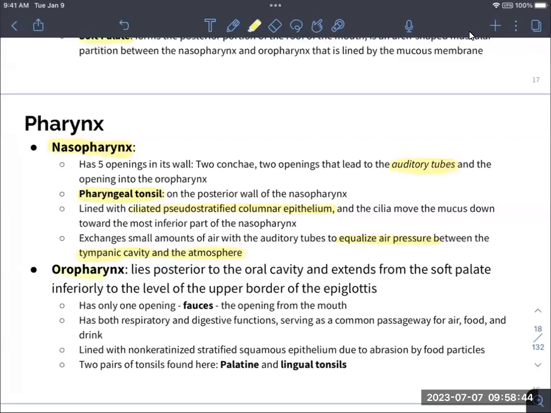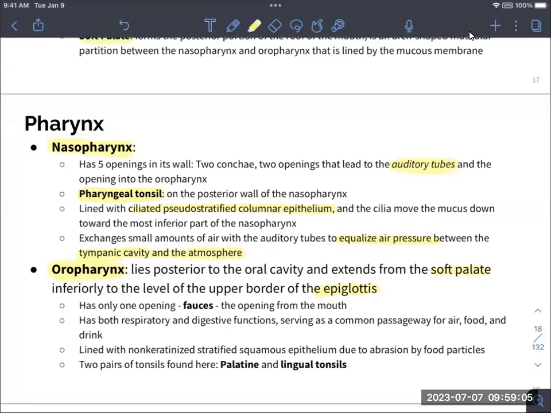This oropharynx, it's again in the back of the throat, so it's from that soft palate to where this epiglottis sits. The epiglottis is the thing that opens and closes in the back of the throat.